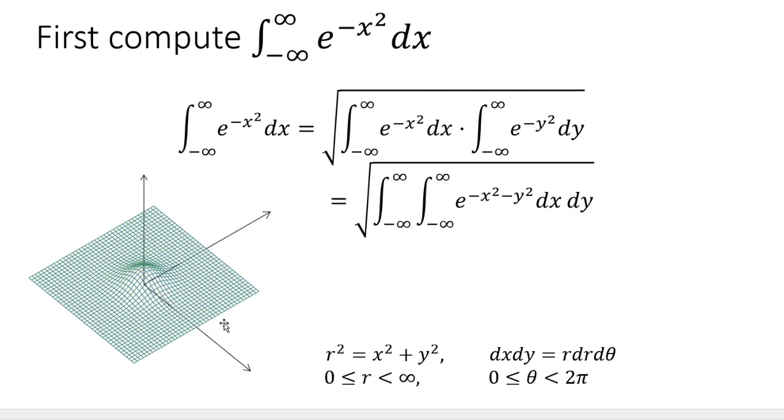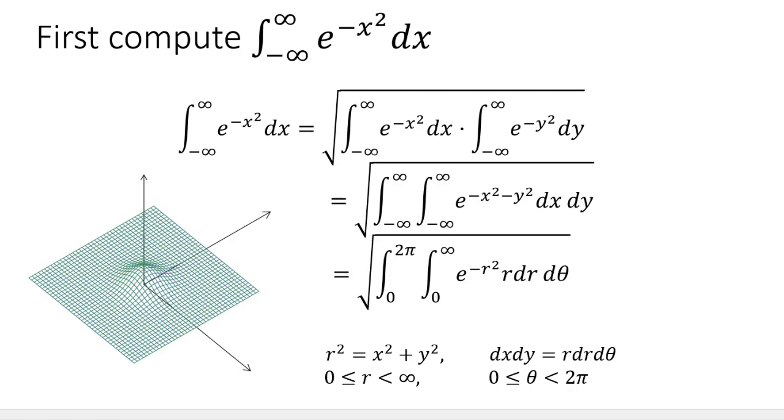And in order to cover the entire xy plane, you need the radius to go from 0 to infinity, because as you go far out, the radius can be as big as you want, right? And because you're going full 360 degrees, the angle theta should be from 0 to 360 degrees, which is 2 pi in terms of radian measure.